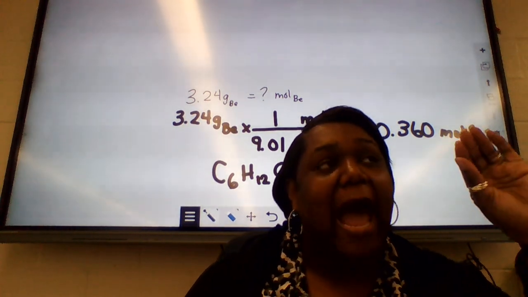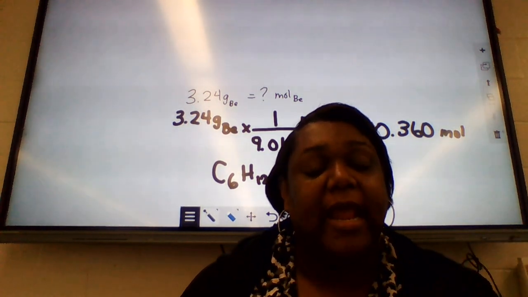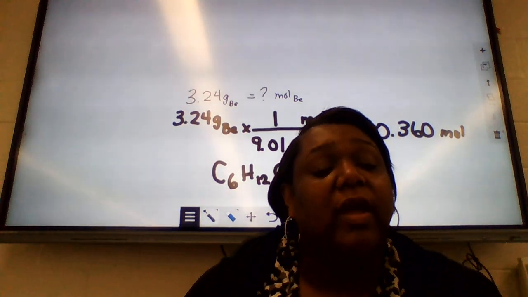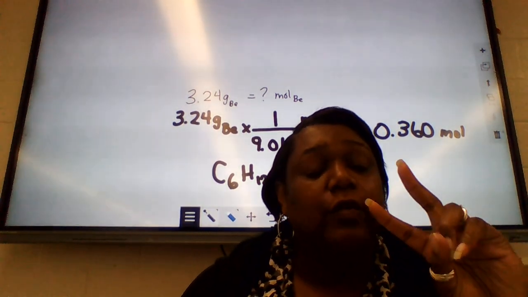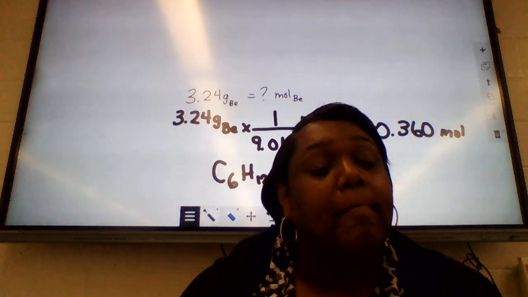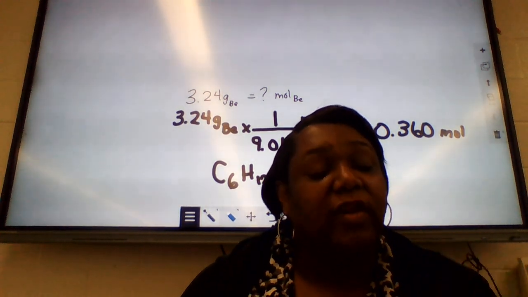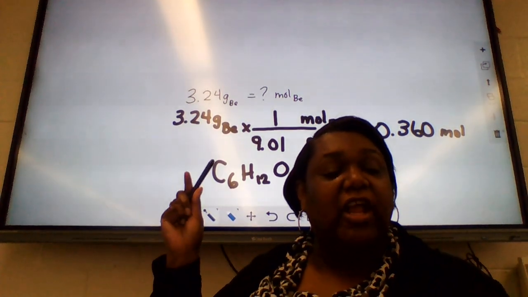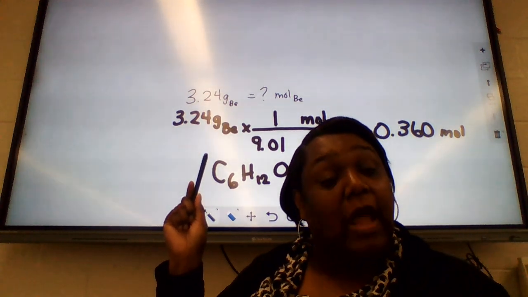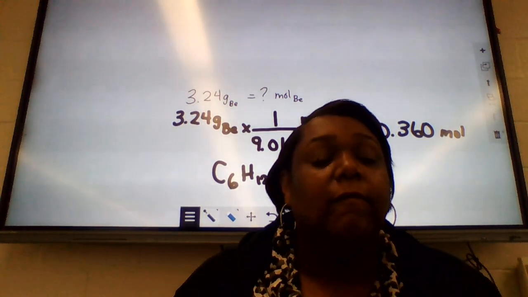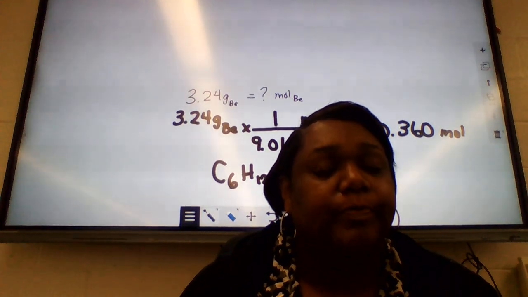All right, so I change any percents I have to mass. And then, just like we did before, line 2 of the poem says we change our mass to moles. So once we have our masses, we change the mass that we are given of a particular element to the number of moles of that element that we have.